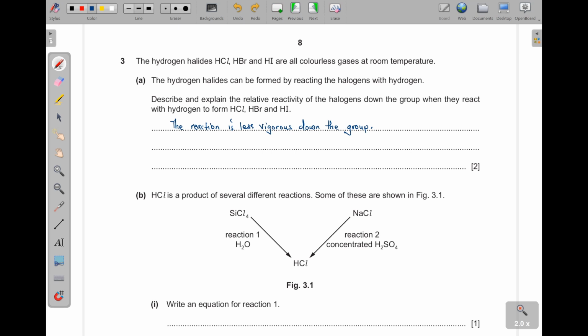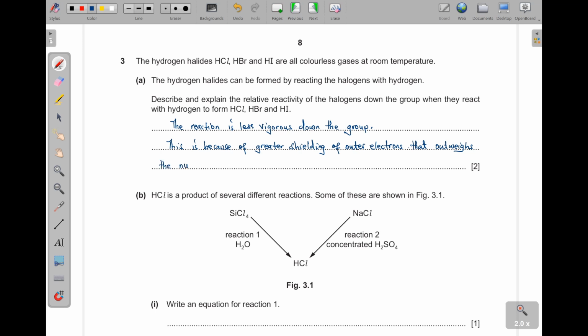So what I can say is that this is because of the greater shielding of outer electrons that outweighs the nuclear charge.